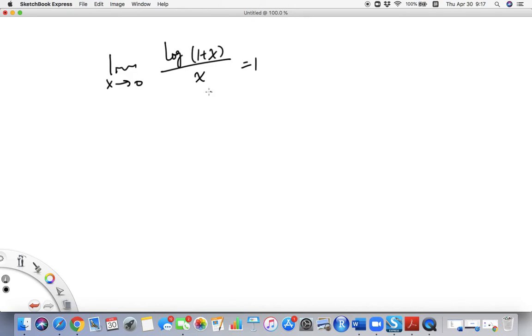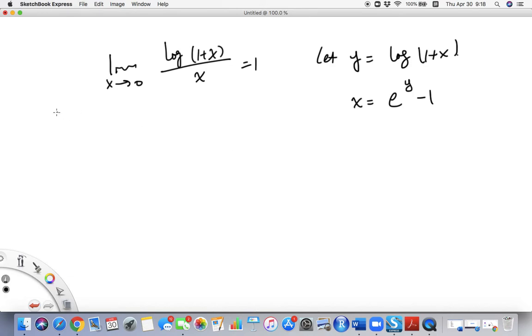Okay, so what do we do with this? All right, so here's the trick. If we let y equal log of 1 plus x, then x is equal to what? x is equal to e to the y minus 1, right?